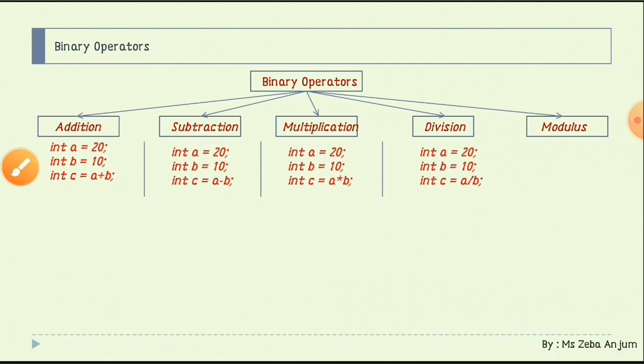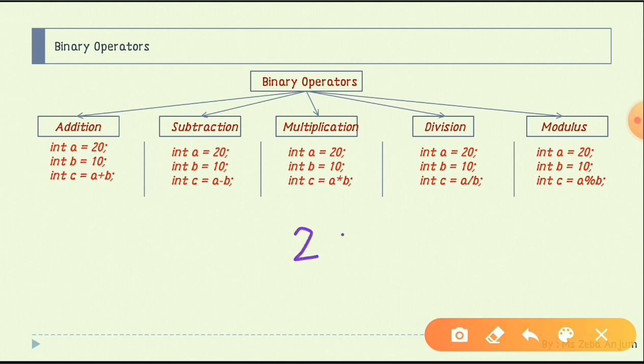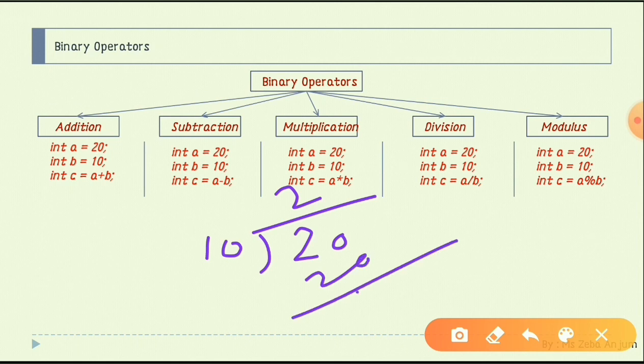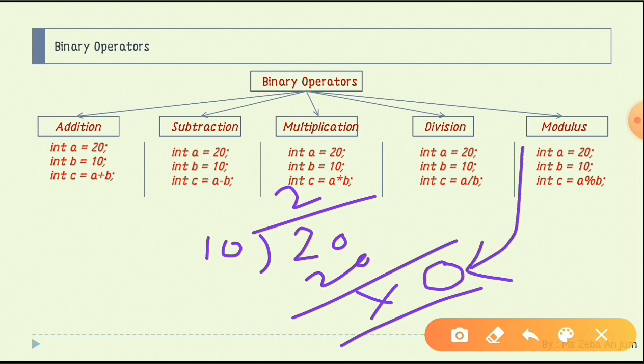Now if we talk about the modulus operator, again the same thing, 20 is being divided by 10, so your whole thing will be crossed out and you will get the remainder as 0. Modulus points towards the remainder, but division points towards the quotient. So over here you will get the answer 2 for division, but in modulus you will get the answer 0. So please note this point.